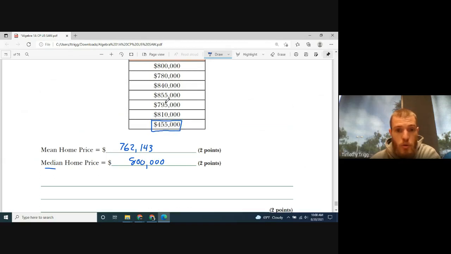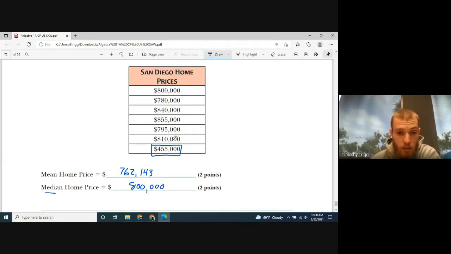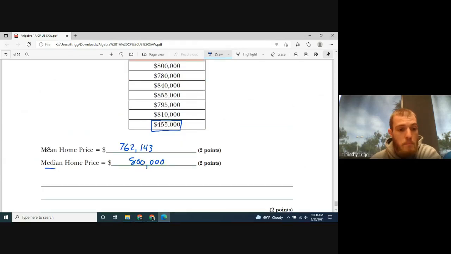In this group, you can see that the 455,000 is an outlier, meaning it's quite a bit different from all these other values. These other values are pretty close to each other, but this one is way far off. So that's what we call an outlier. The mean is always influenced by outliers. It's always drawn towards outliers.